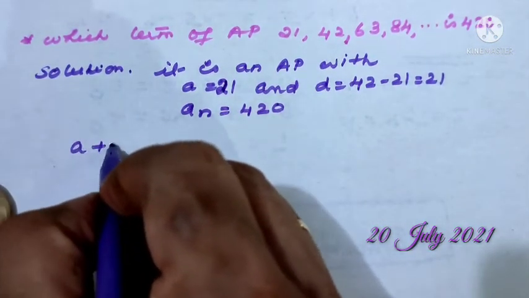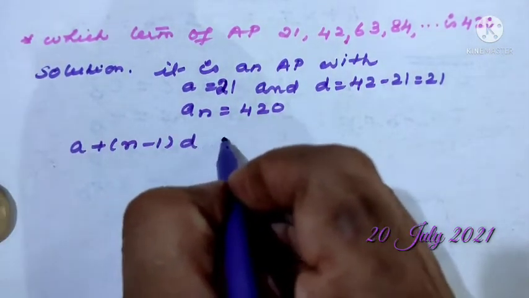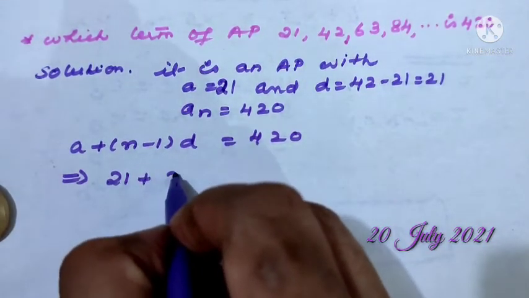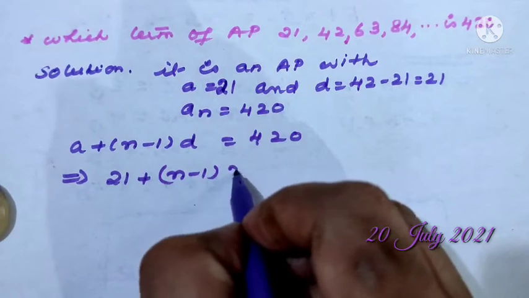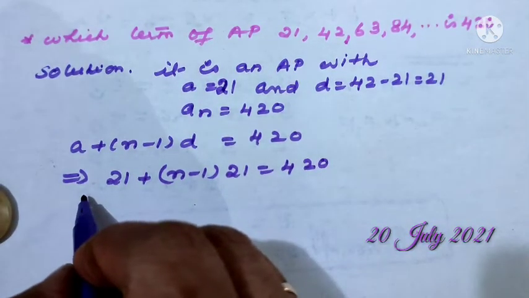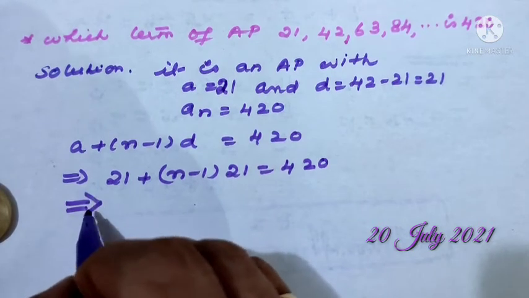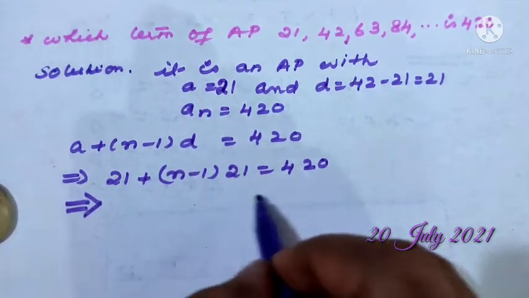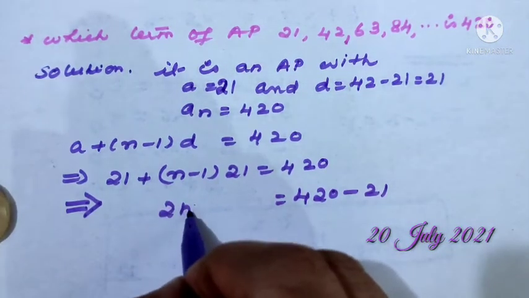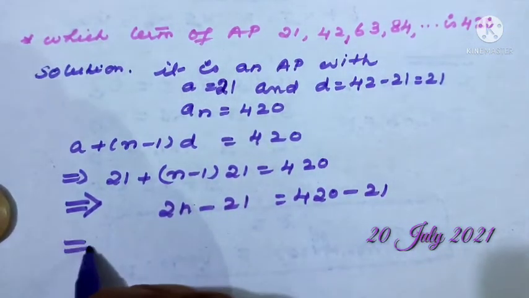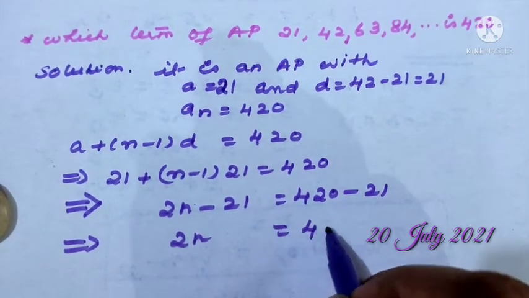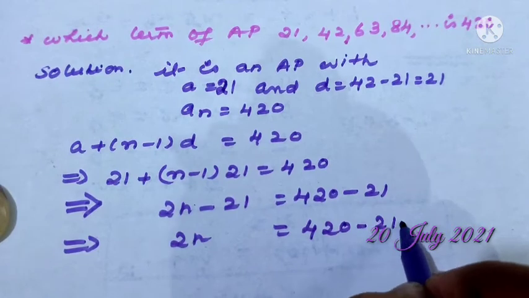So A plus (N minus 1) into D equal to 420 implies 21 plus (N minus 1) into 21 equal to 420. Here 21 and minus 21. So 21N equal to 420 minus 21 plus 21.